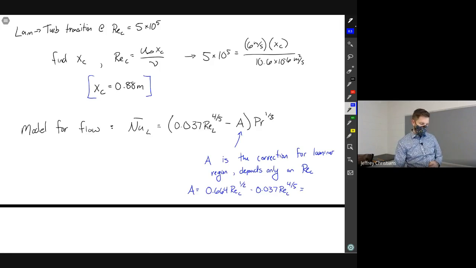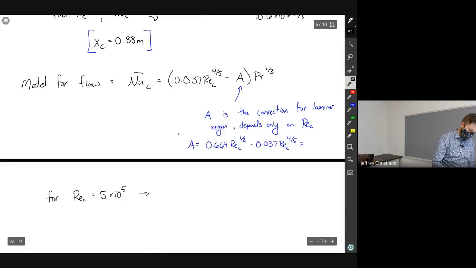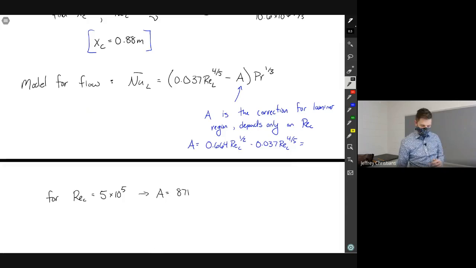If we calculate that for a critical Reynolds number of 5 times 10 to the 5, A is 871. So that's what we used before.